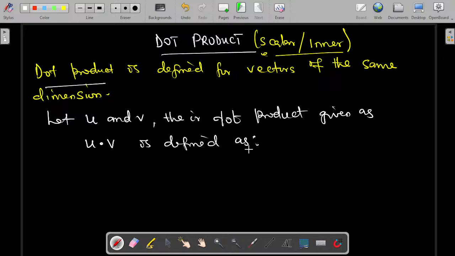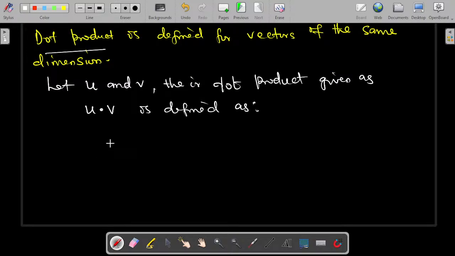Meanwhile, let me explain what our u is. Let's use 2 components: u is u1, u2. If u has 2 components, that means v must also have 2 components. That means v is v1, v2.